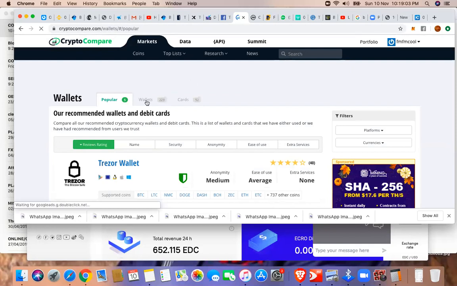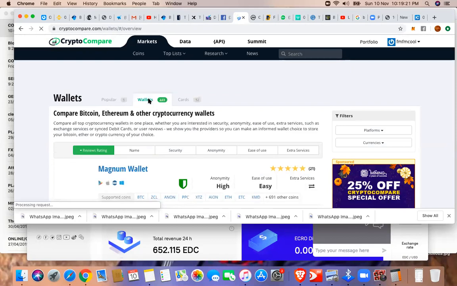Look at it. We have about 223 different wallet systems here. These guys give you analysis of how strong they are. Like, how many of us have Trust Wallet? Yes, yeah, I do. Good.